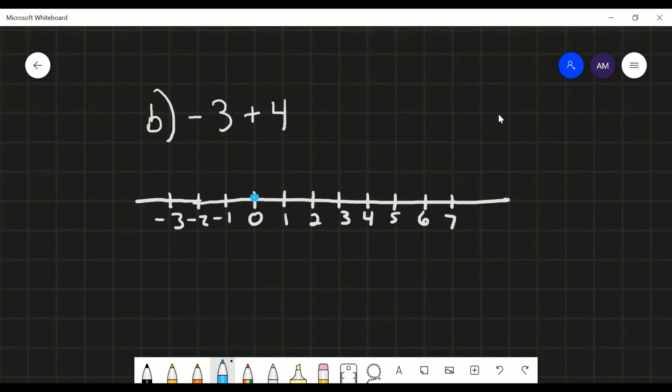Start at 0, and we're going to go left by 3 because of -3. Next, there's a plus 4, which means wherever we left off, we need to move to the right 4 times. 1, 2, 3, 4. So we landed on +1.